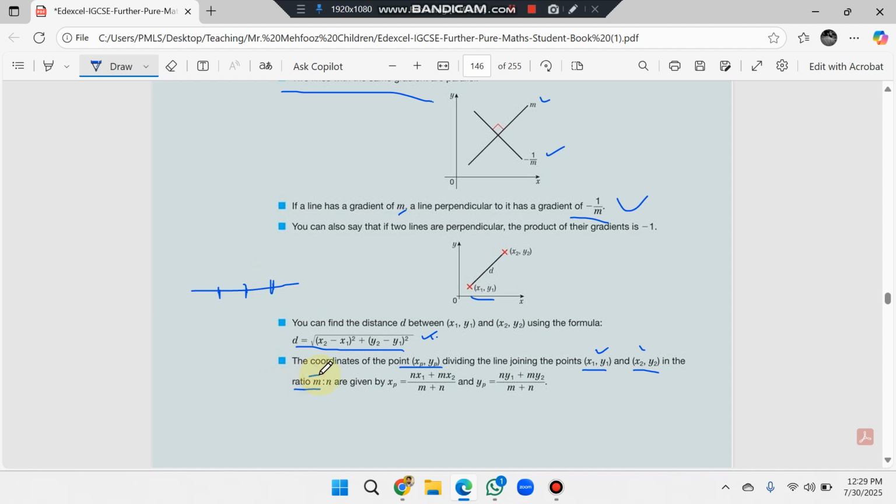If the ratio is given, we use the formula xp equals n x1 plus m x2 over m plus n, and yp equals n y1 plus m y2 over m plus n. This is the formula to find the point which divides the line generated by the starting point (x1, y1) and the ending point (x2, y2).